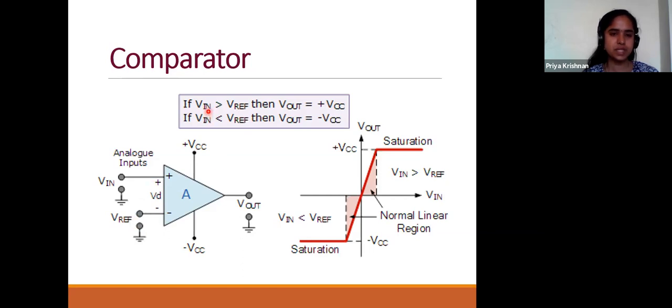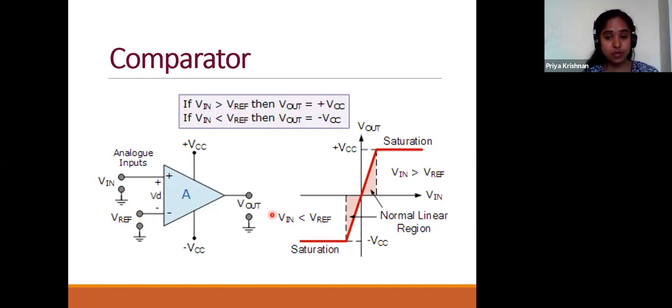So V in is greater than V reference, and V in is less than V reference. We have taken two conditions: when this input is greater than this input, or when this input is less than this input. There is no feedback at all.